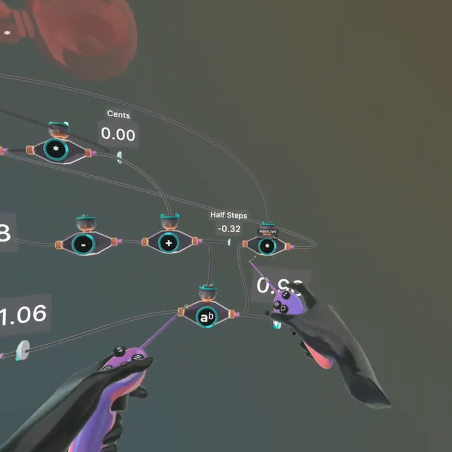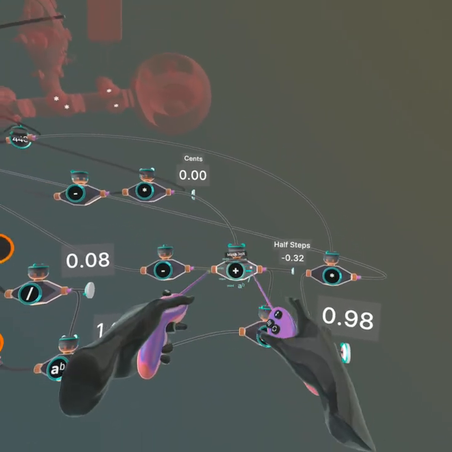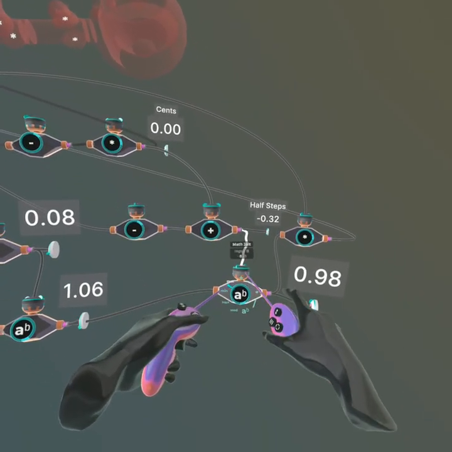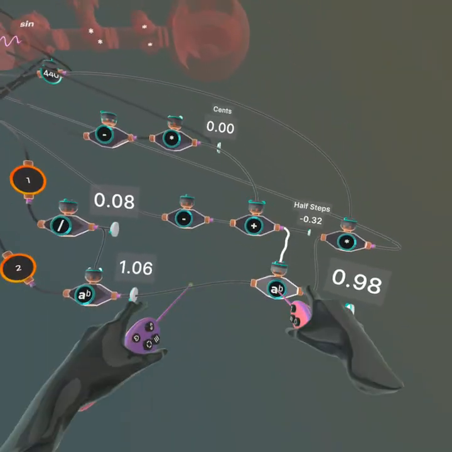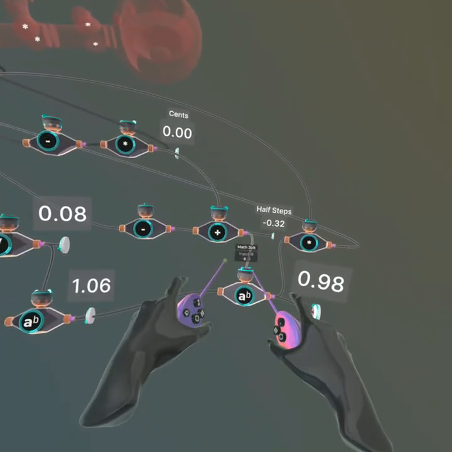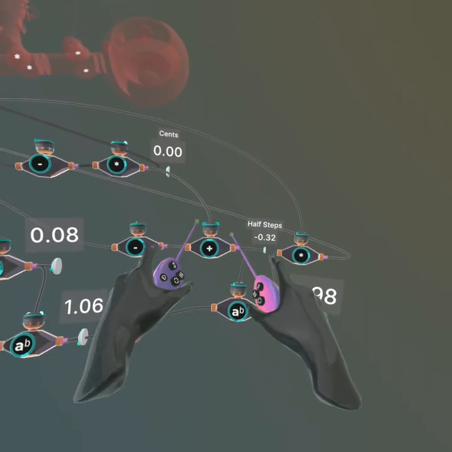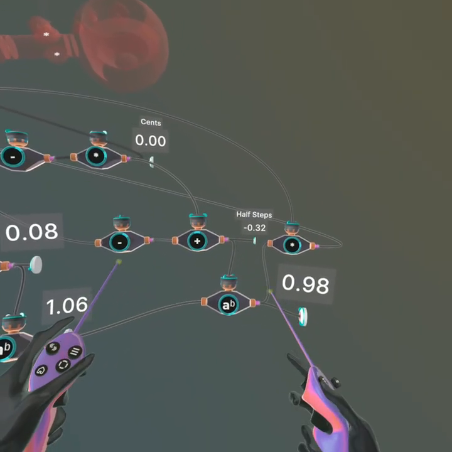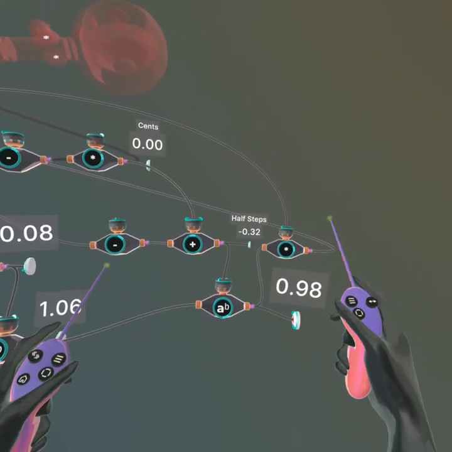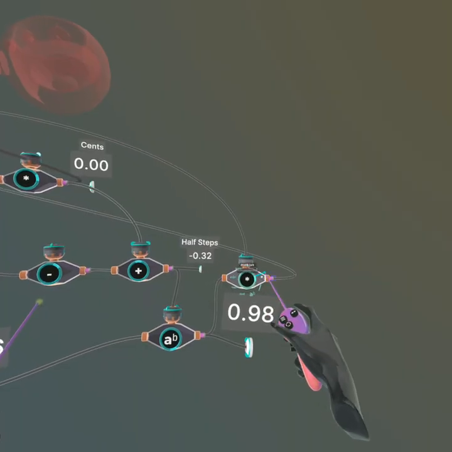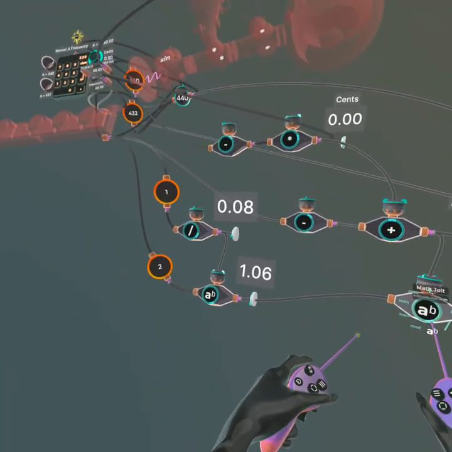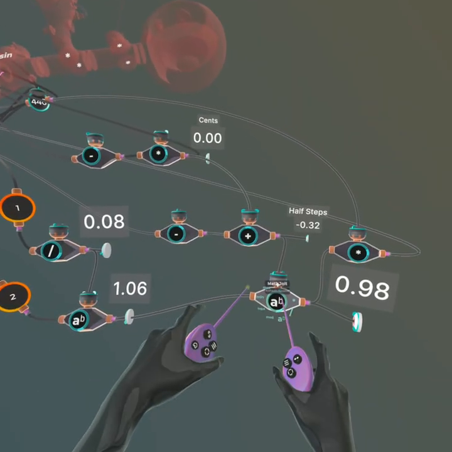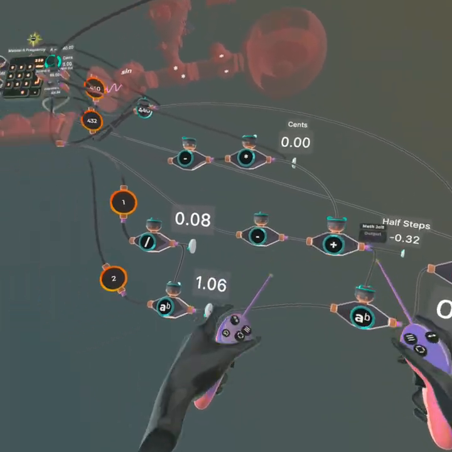Then this multiplies. That is what becomes the exponent, and we're raising this number to the power of how many half steps positive above or below we're doing. So we multiply the A frequency by this number to the power of our half steps.